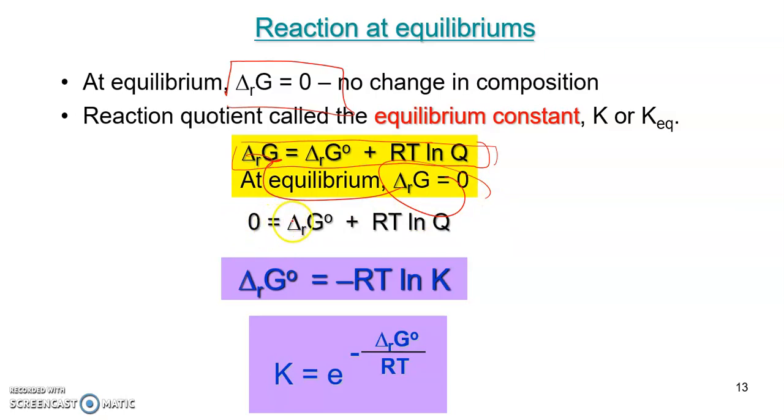So 0 equals delta Rg naught plus RT ln Q, and then we move this to the left hand side. We have delta Rg naught equal to minus RT ln K, and then we make K the subject. So we will have K equal to the exponential of minus delta Rg naught over RT.